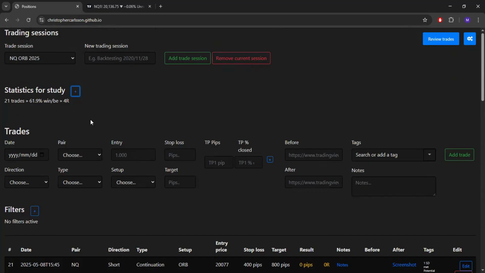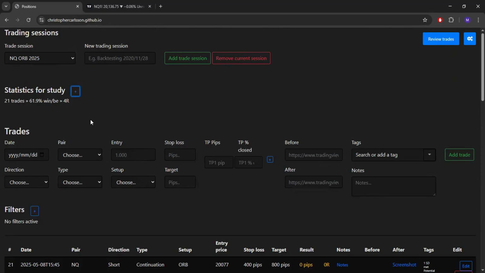I would have ended up taking a break even over this 20-trade sample, and I would have been perfectly fine with a break-even strategy at the initial testing phase, because a break-even strategy at the testing phase means there's something to work on, right? When I came out with the 4R, I was like, oh, there's really something to work on here. So when I tested taking a percentage off at either 1 or 2 standard deviations, it didn't make sense in terms of return and R multiple, right? So we scratched that idea.